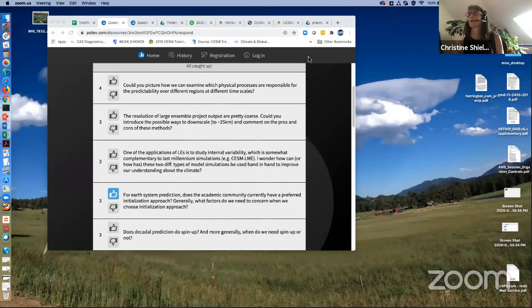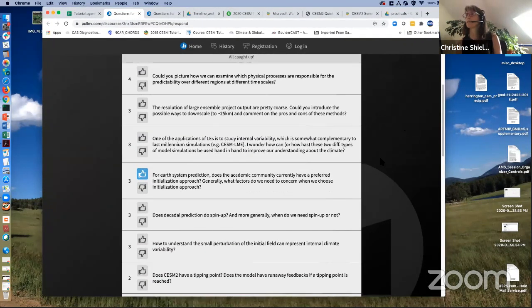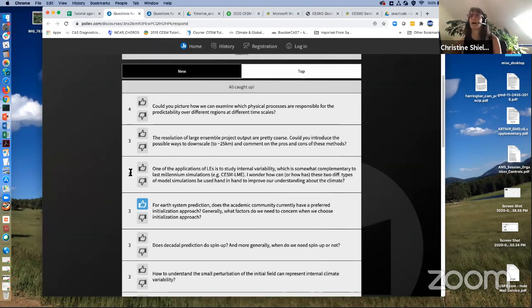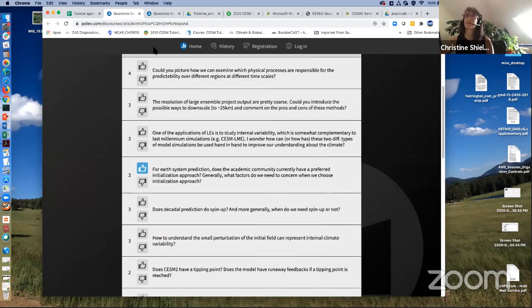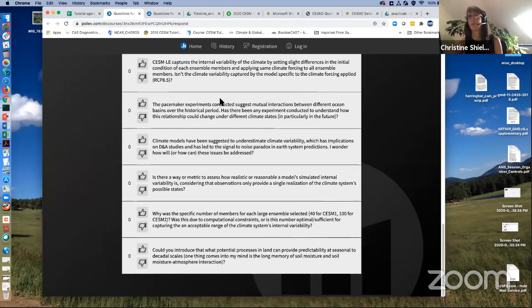Now I will share my screen so we can see the questions. Share screen, desktop, share. I'll try to make these a little bit bigger so we can see everything. Hopefully that's good. I've ranked these by the top number of vote getters, but I think we have enough time to go through all of them.